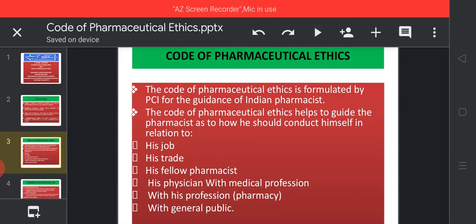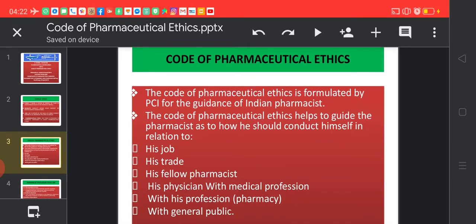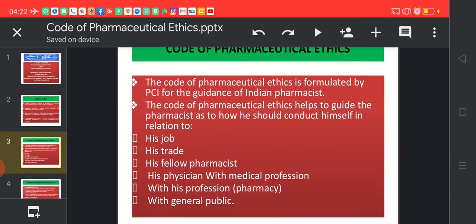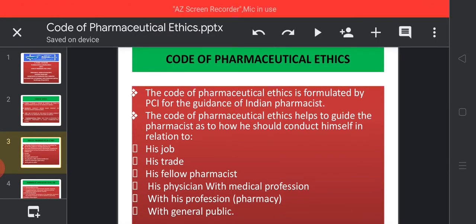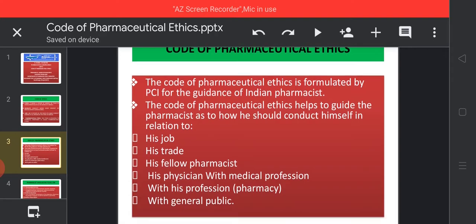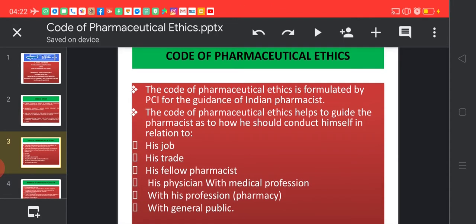When we come towards the classification, how we classify the code of pharmaceutical ethics. So to classify code of pharmaceutical ethics, conduct of a pharmacy profession in relation to different fields.